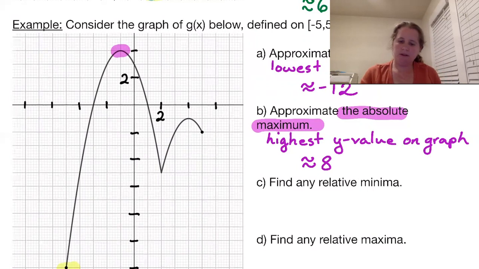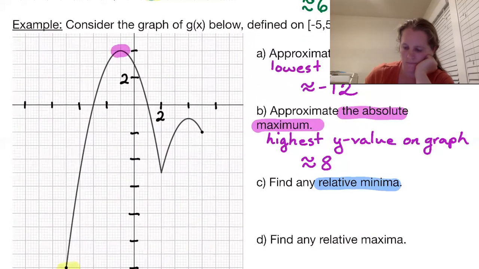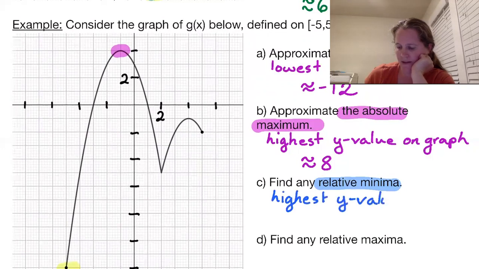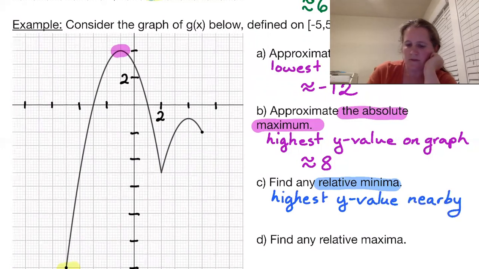And now if we want any relative maximum, we're just looking for locally the highest point. The highest y value, at least nearby. So we have a couple places this happens. Here's the highest point nearby, and then we also have a highest point nearby at x equals 4.